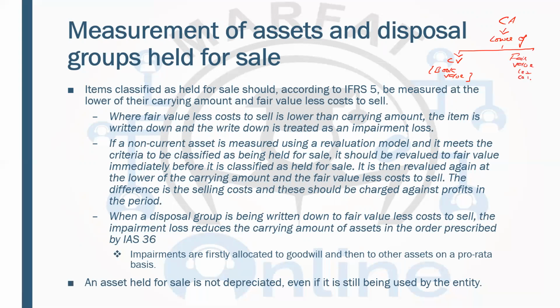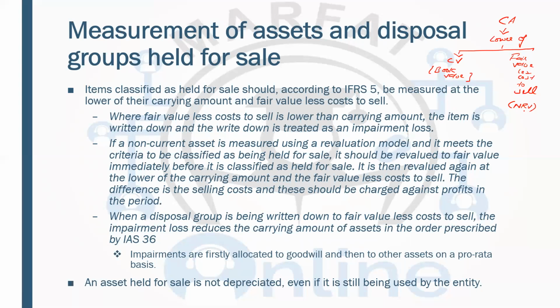The fair value means the market value, and the cost to sell is actually the additional cost which will be incurred to sell that asset. So you're going to deduct it from the fair value. The net price, which resembles NRV, will be taken. So you are going to take the lower of its carrying value and the fair value.